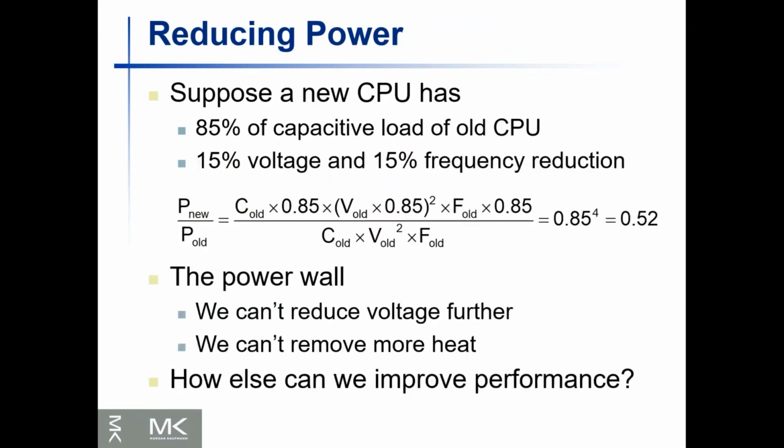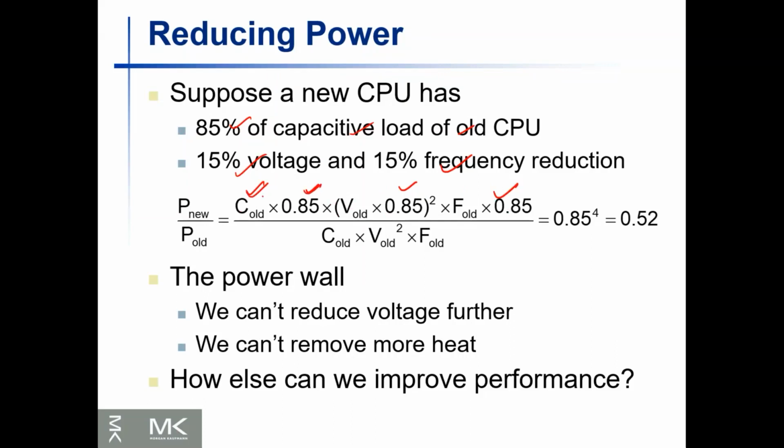Now coming back to this one, this is an example. I have a new CPU which has 85% of the capacitive load of the old CPU, 85% of the voltage and a 15% frequency reduction. How much power consumption reduction overall does my new CPU have compared to the old one? Just use the equation C times V squared times F. That is 85% of C old, 85% of V old, and 85% of the old frequency, which is a 15% reduction.